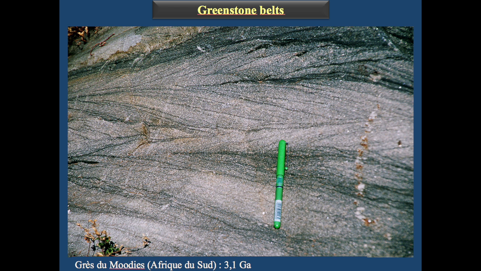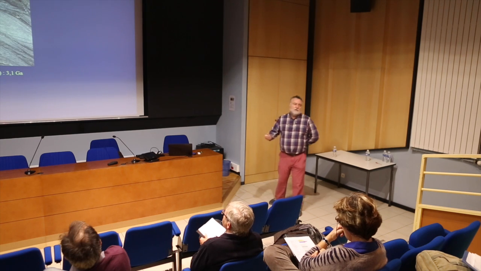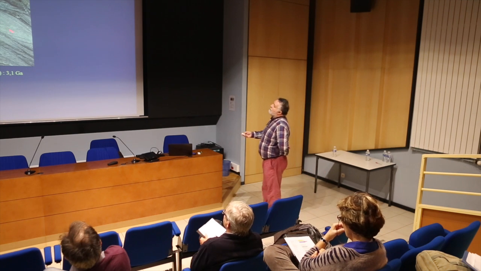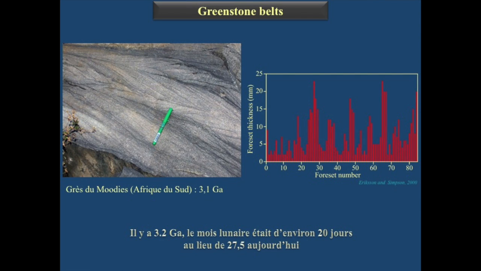Here is a sandstone with sedimentary structures, as you can see here. In fact, these structures are extremely well preserved, such that some specialists of these sedimentary features study this, and they can demonstrate that these structures are due to tide. So this is the effect of tide on these sediments.